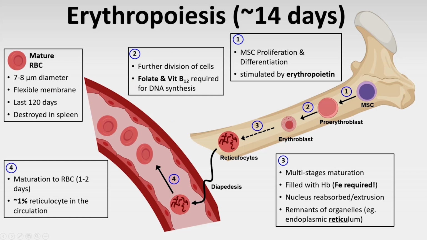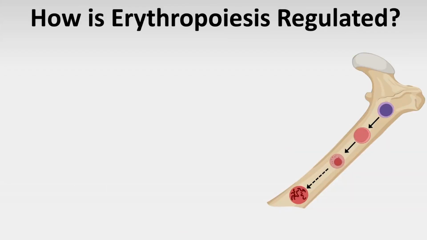Now, what we are going to discuss next is how exactly erythropoiesis is regulated. And this is important because, if you recall from Dr. Natasha's lecture on homeostasis, all physiological processes in the body strive to maintain an equilibrium to meet the body's needs.